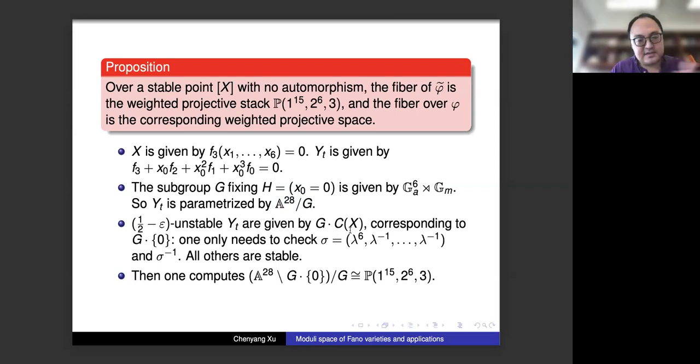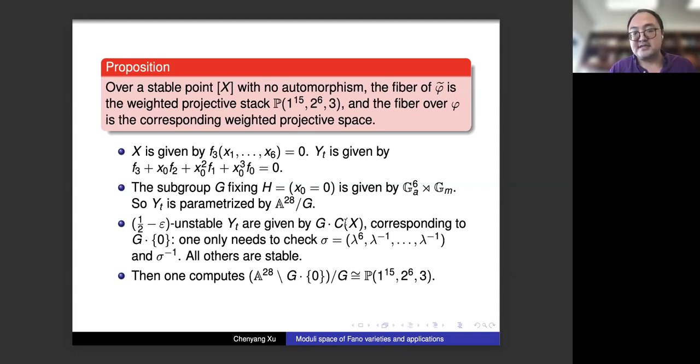In other words, with a little argument, you can show you only need to check the sigma of the form lambda 6, lambda 1, lambda 1, and also the sigma inverse. If you check this, you find that the only unstable ones are essentially given by the cone and G dot cone.